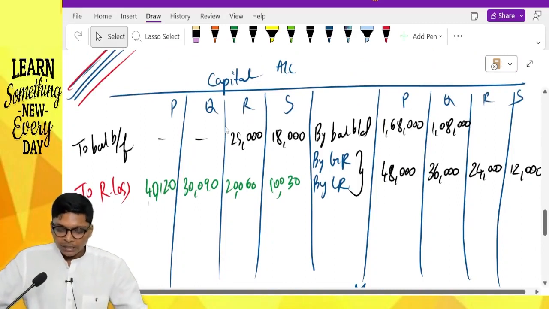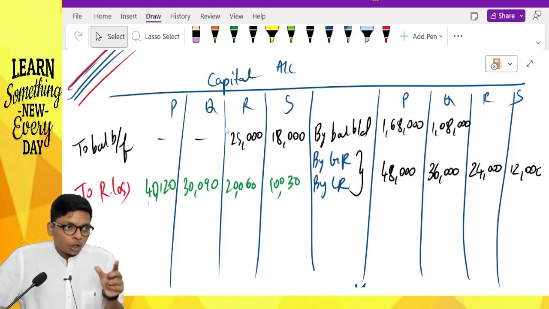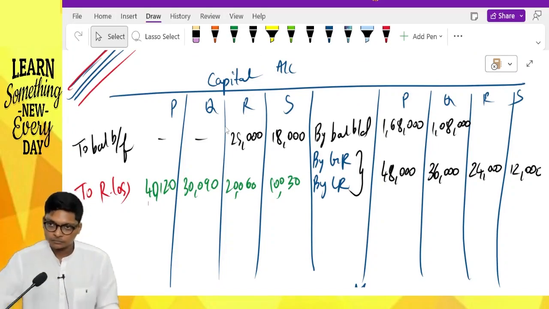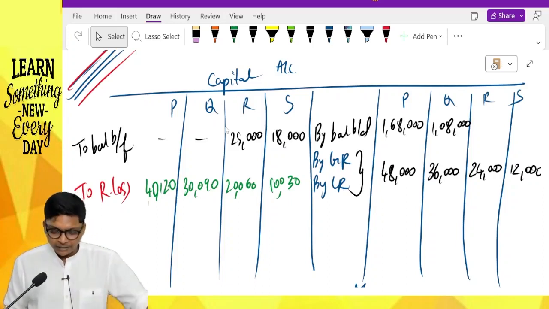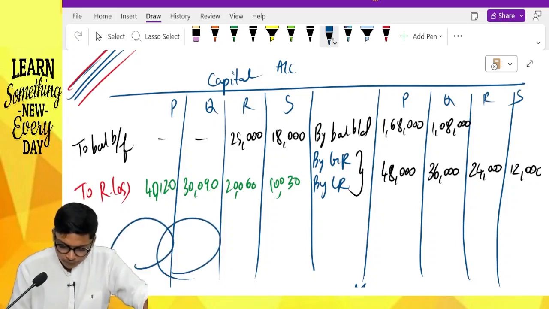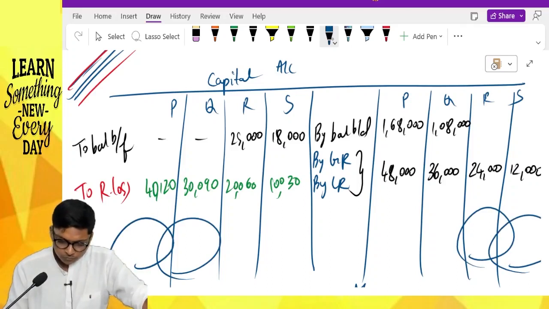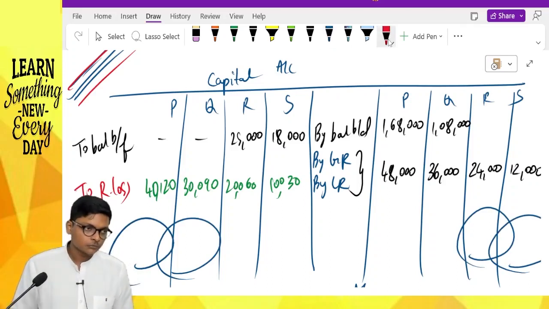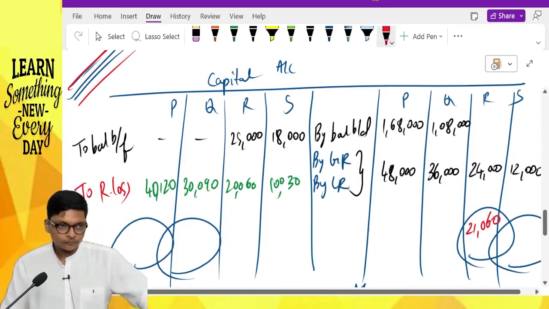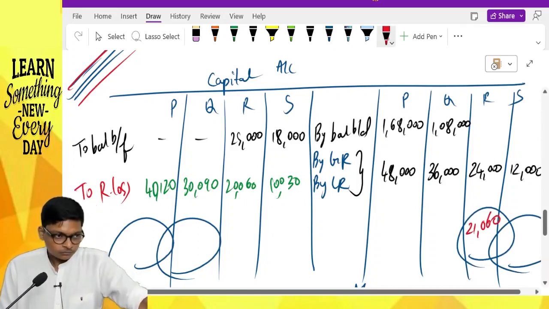4120. Now every sum after this, what are you doing? Finding the closing balance. Do it in this sum also, but don't write it. I will write, I can erase it easily. So tell me wherever the closing balance is coming. 21,060.